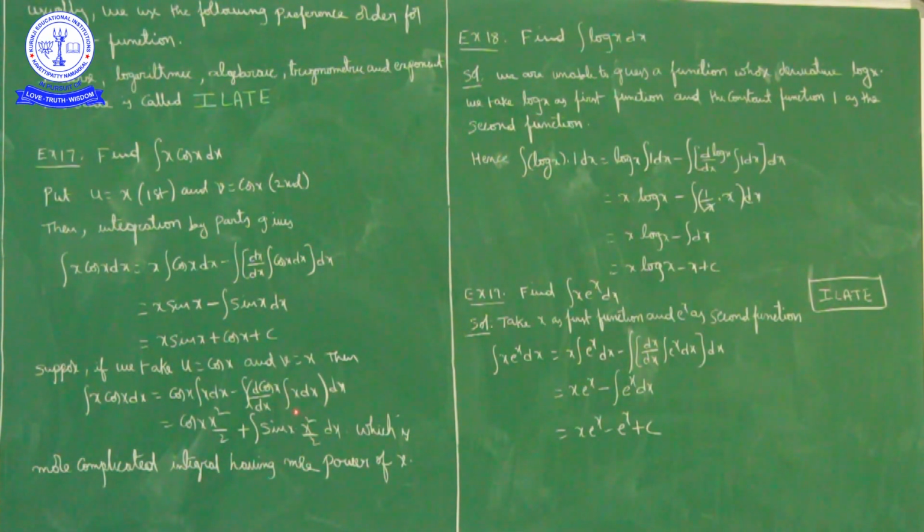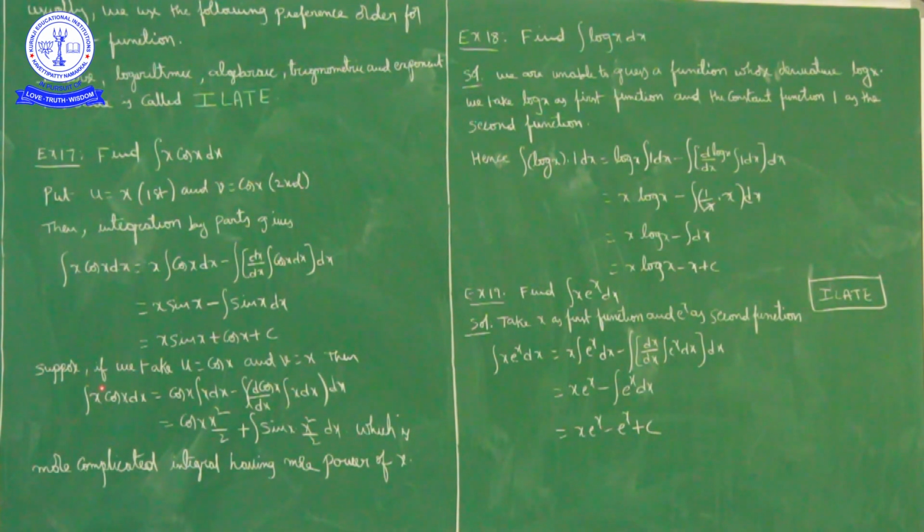So if you observe, after integrating, here we have x, and here we have x square by 2. Now here integral sin x into x square by 2. Now we are complicating the problem, because the power of x is increased.